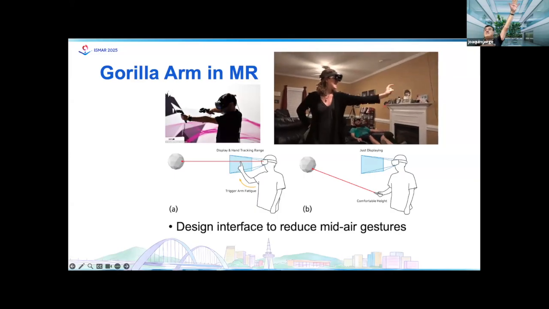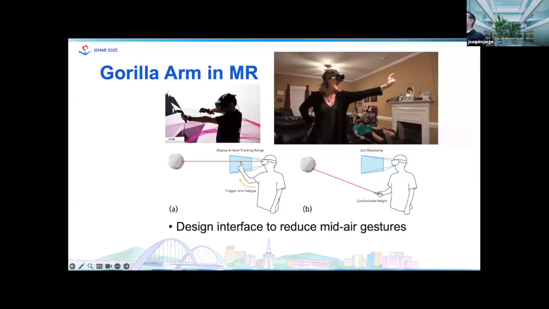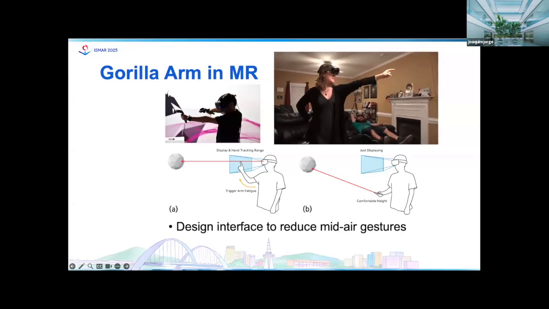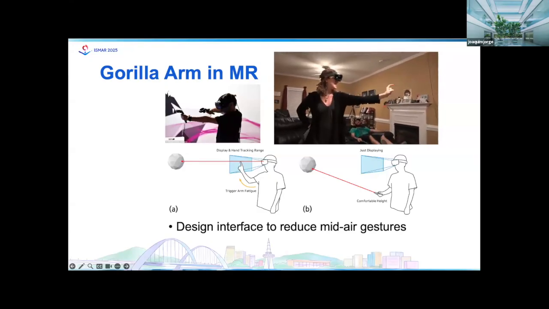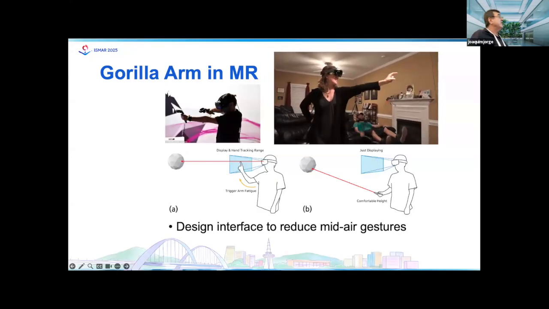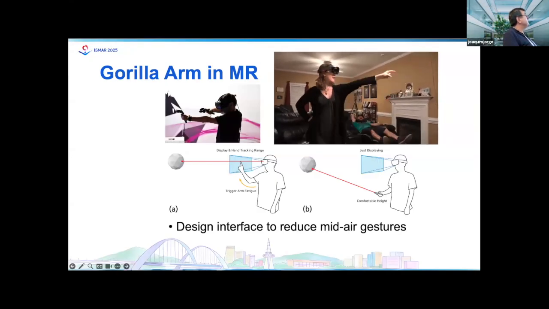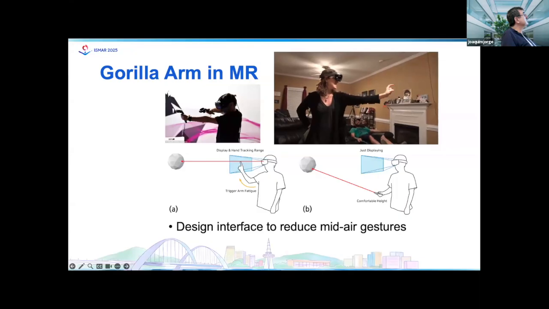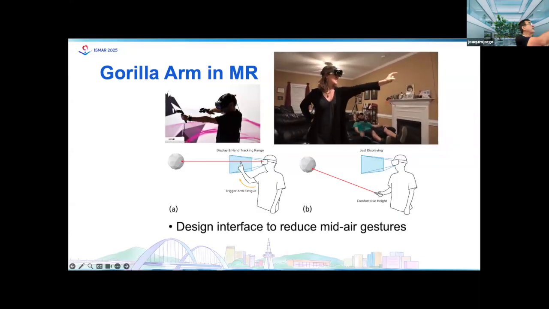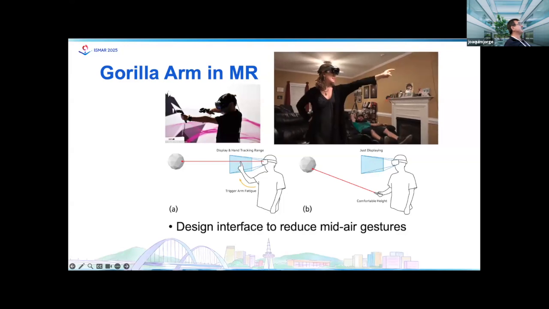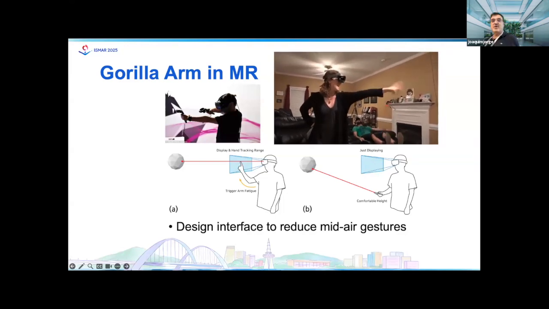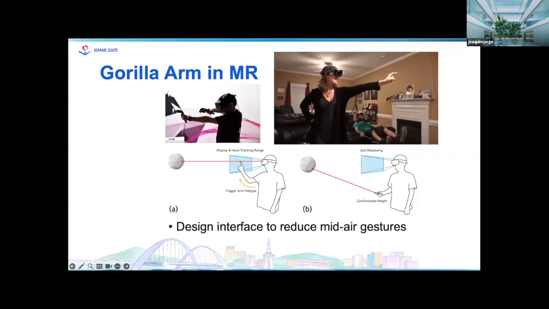Because their heart will have to do extra work to keep pumping blood to the extremities that are not usually in that position. This is an example of ways of compensating. Instead of pointing like this, you can shoot from the hip. So shooting from the hip can be a good way of avoiding the gorilla arm syndrome.